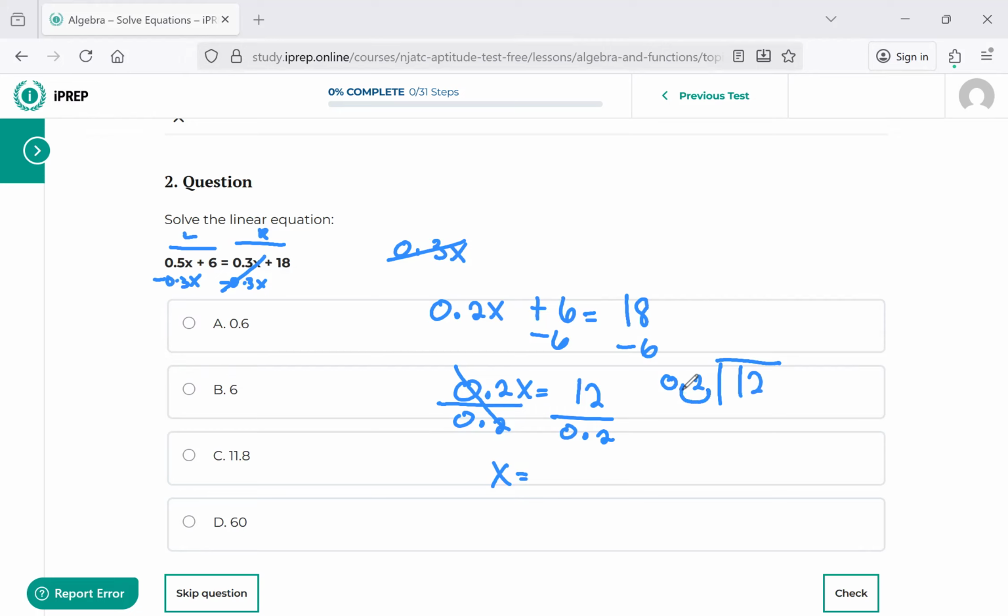This is a total of 1 place, so you move the invisible decimal 1 place to the right.